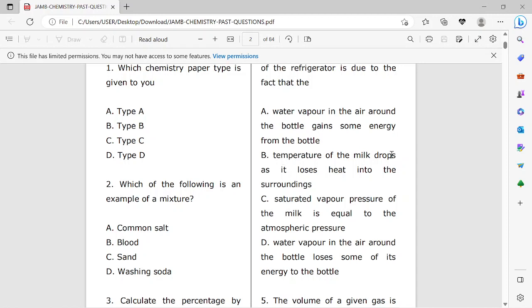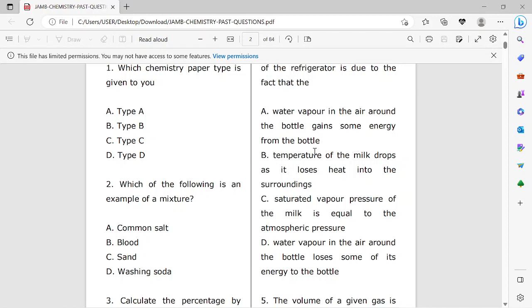B, temperature of the milk drops as it loses heat into the surrounding. The temperature cannot drop. It will increase, because if you bring a bottle of milk from the refrigerator and put it on the floor, say it has even frozen and gotten to 0 degrees Celsius, when you leave it, it will be aiming to turn to liquid.